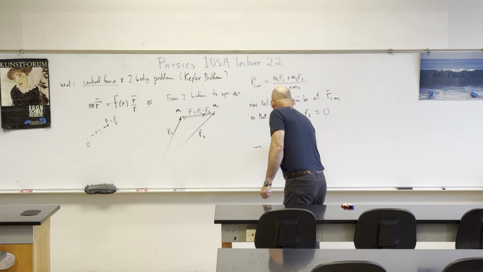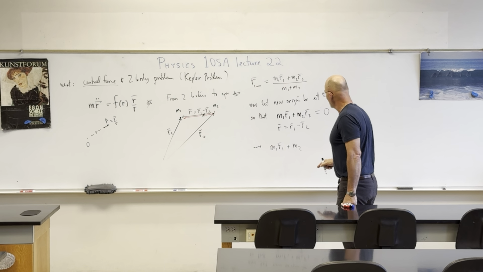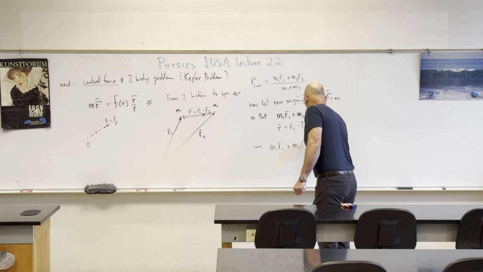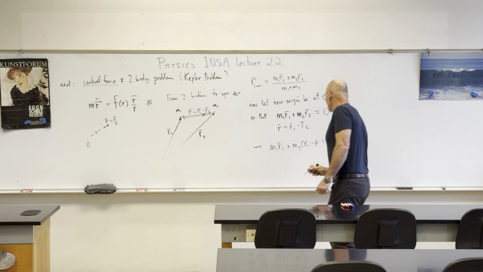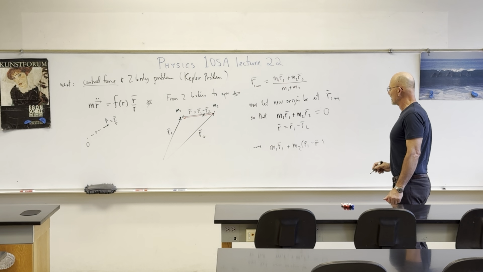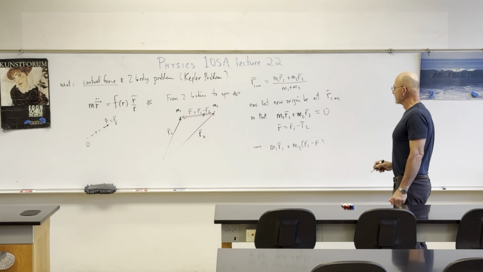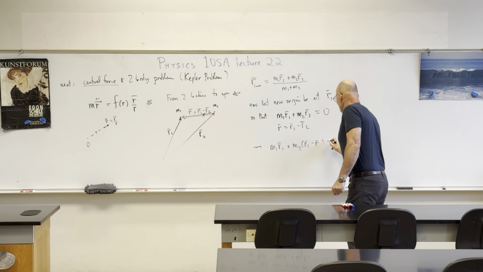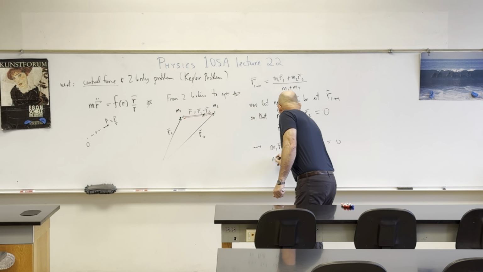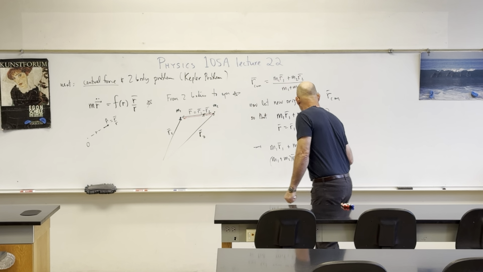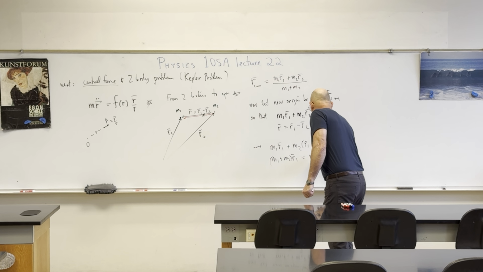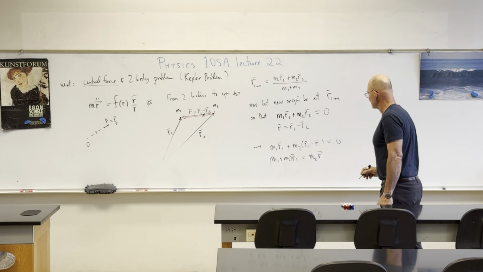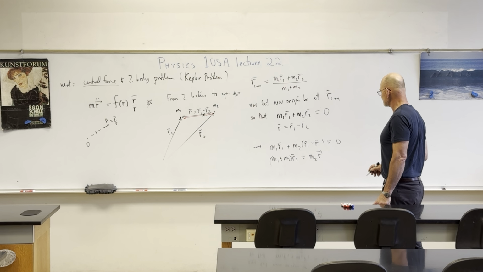Let's see, we'll just plug one of these in: M1 R1 plus M2 times R1 minus R. That'll be 0, then we'll have M1 plus M2 times R1 equals M2 times R. Is that right?